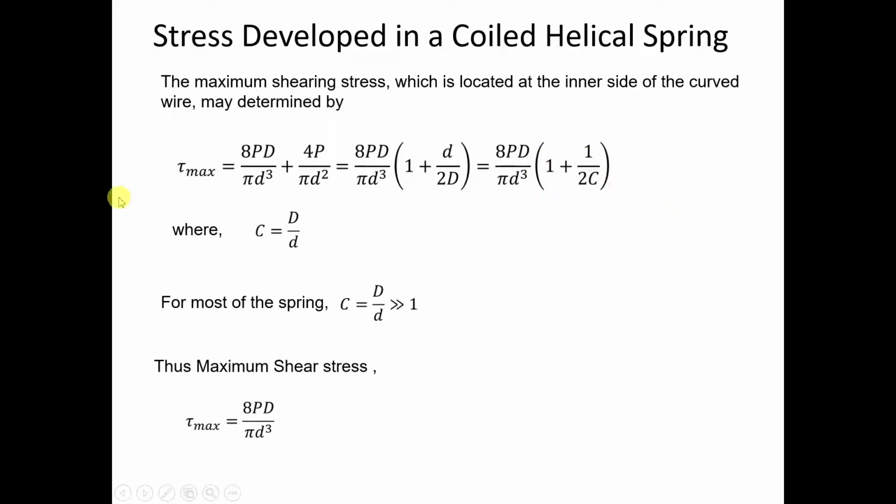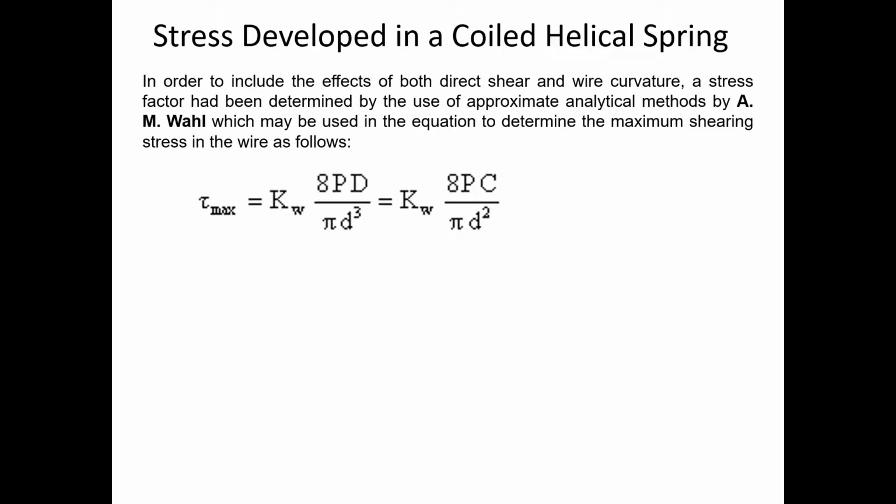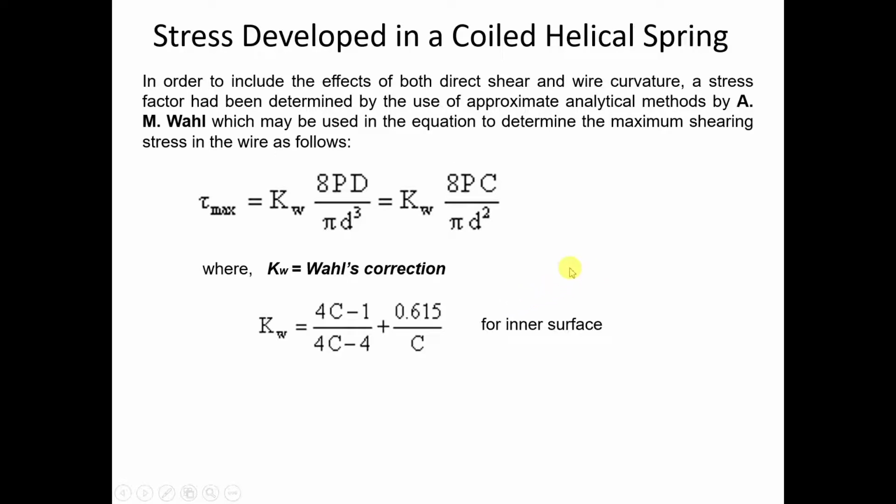So we can say the maximum shear stress developed tau max equals 8PD by pi d cube. Now to get the exact value of the maximum stress, we need to add Kw, that is the Wahl correction factor. This is for the inner surface, this is for the outer surface.